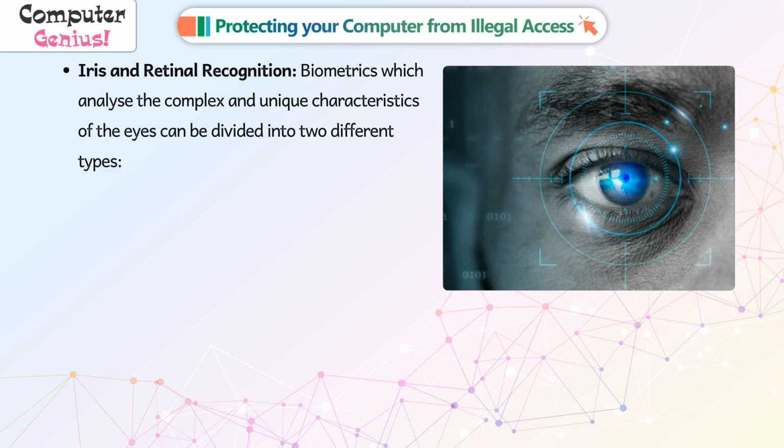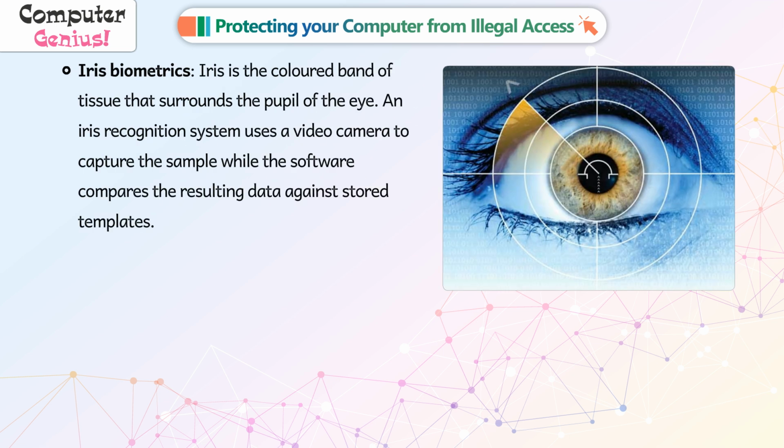Iris and retinal recognition. Biometrics, which analyze the complex and unique characteristics of the eyes, can be divided into two different types. Iris biometrics. Iris is the colored band of tissue that surrounds the pupil of the eye.